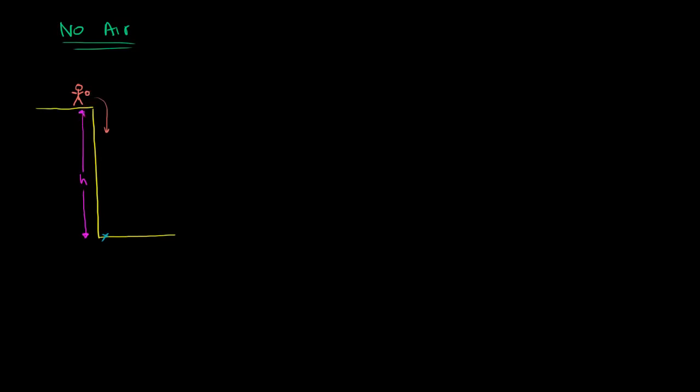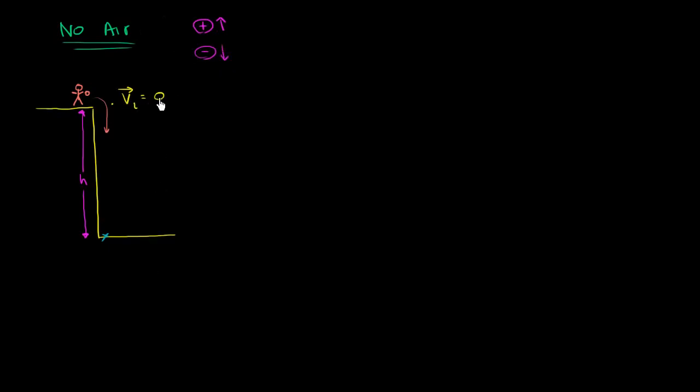So let's just think about this a little bit. Right when the rock gets dropped, you have an initial velocity of 0. And once again, we're going to use the convention that a positive vector means up, a negative vector means down.